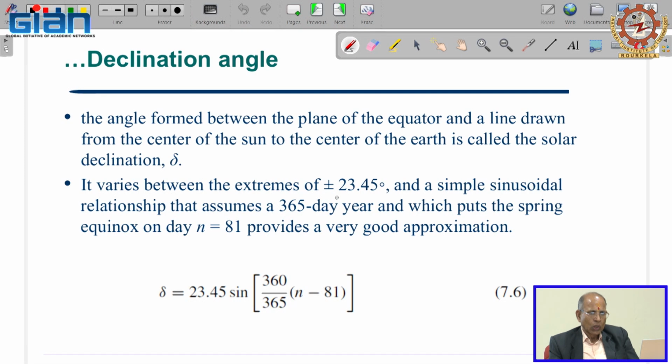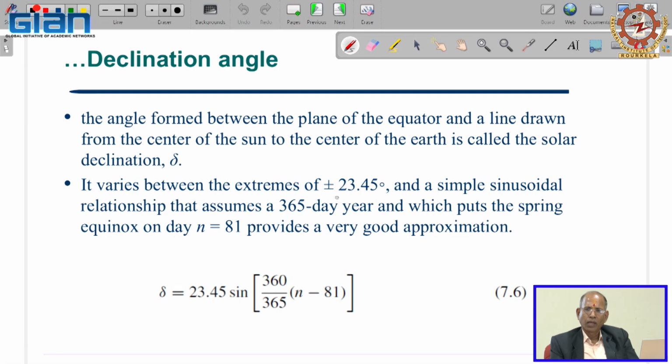The angle formed between the plane of the equator and a line drawn from the center of the sun to the center of the earth is called the solar declination angle delta. How can you calculate this angle delta? It is given by this formula. This chapter 7 is from that book I asked you to download.